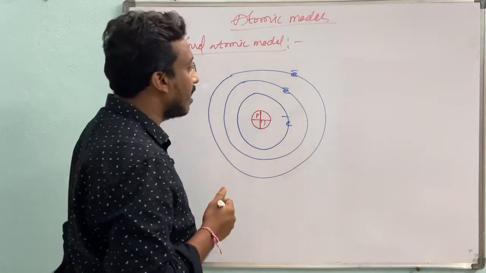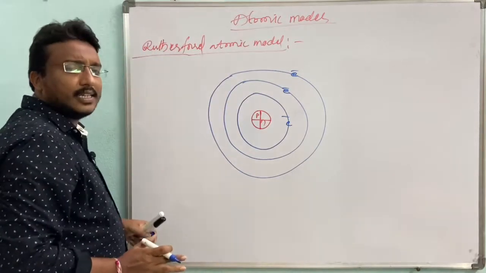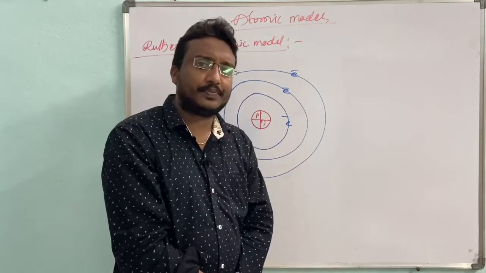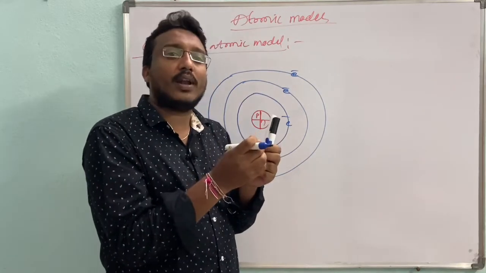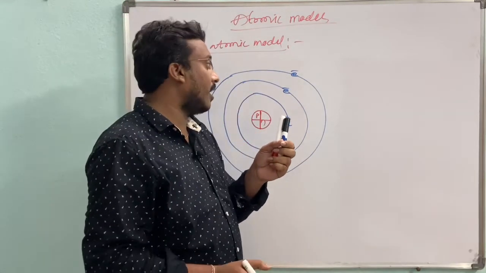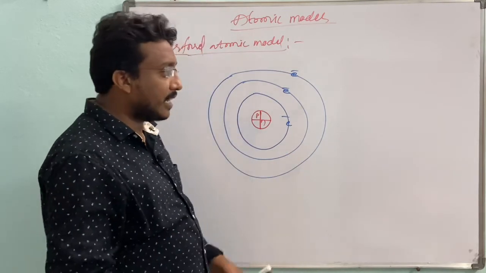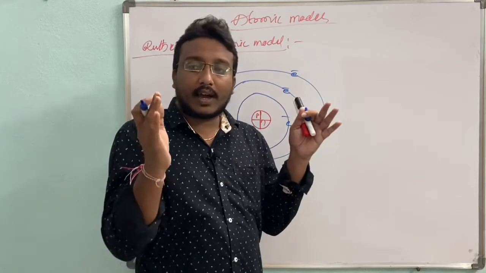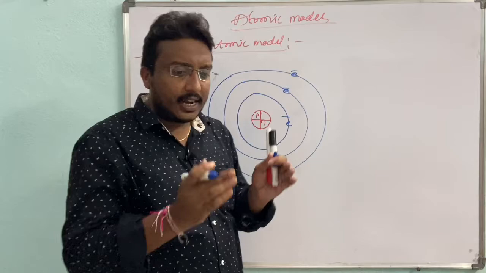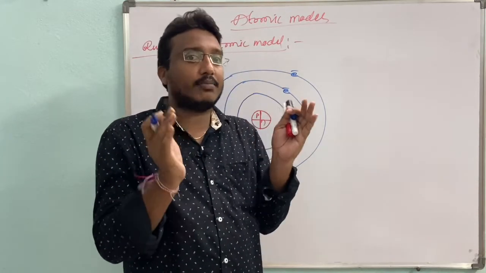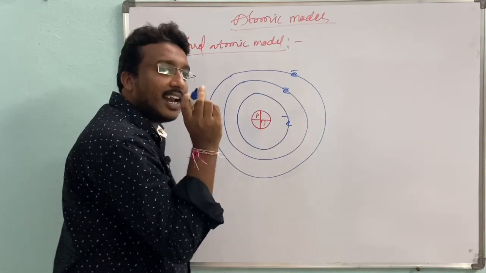And he said that the size of the nucleus is very small compared to the size of the atom. For example, if the atom is the size of a football, the nucleus is like a lemon.